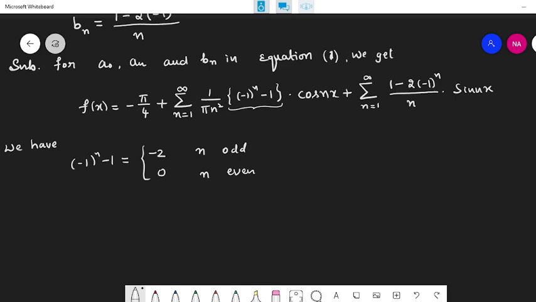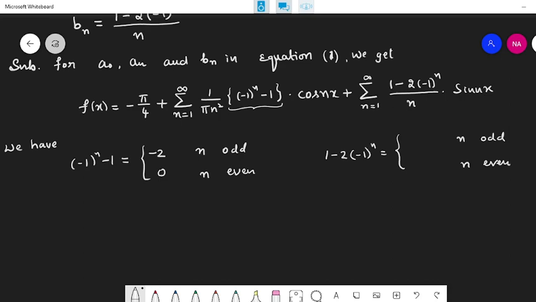Similarly, let us write what is the value of this. We don't know exactly whether we need the value of this one or not. Let us determine. Nothing wrong determining that. So again I have to consider two cases, n even, n odd.